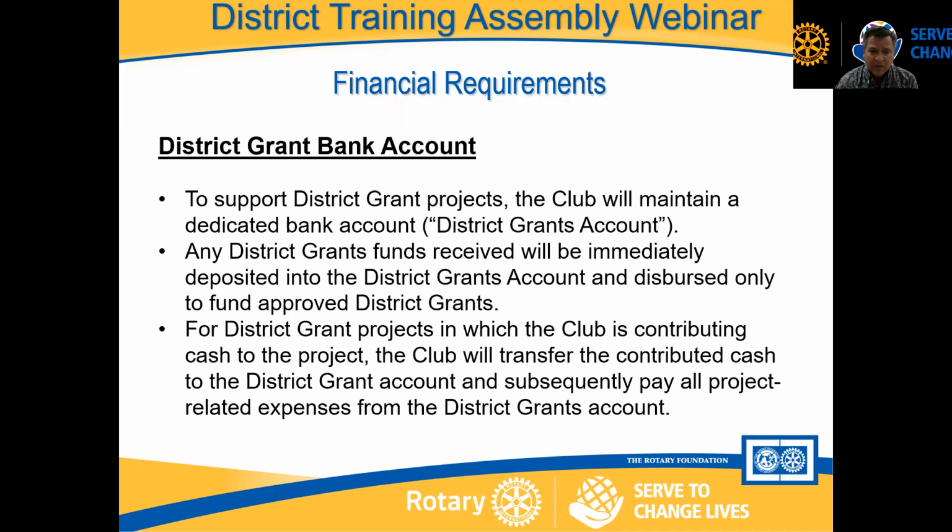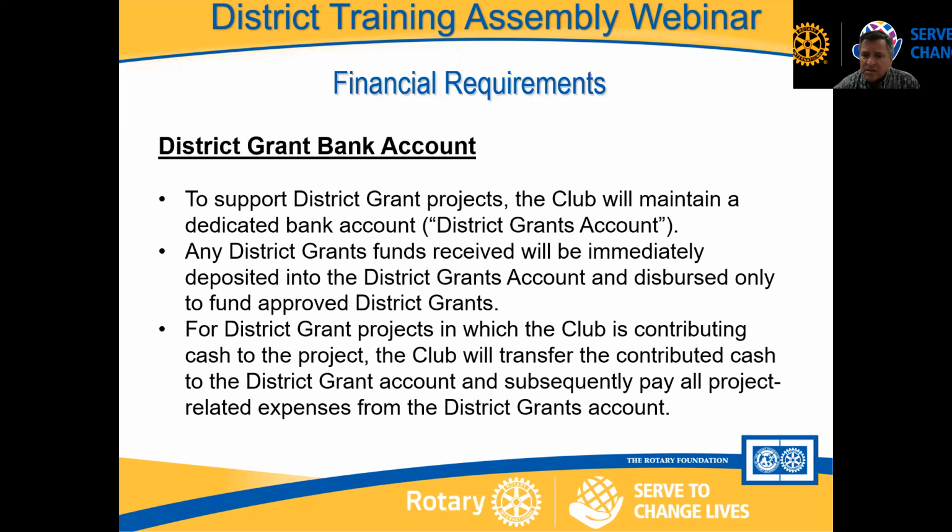Now, here's a key caveat: when your club is participating with a matching portion, we would like to see those funds deposited into that district grant account, hopefully prior to us releasing the DDF funds to you.